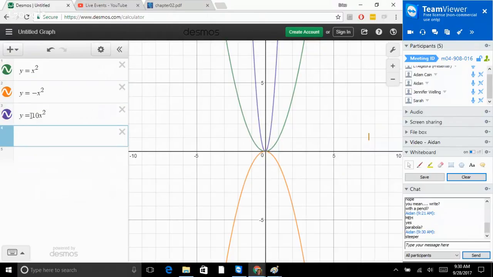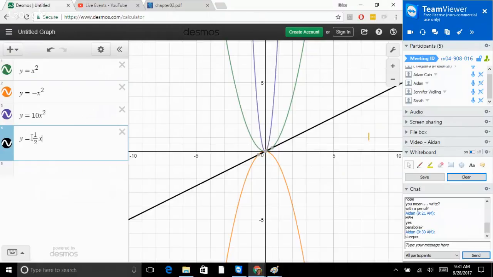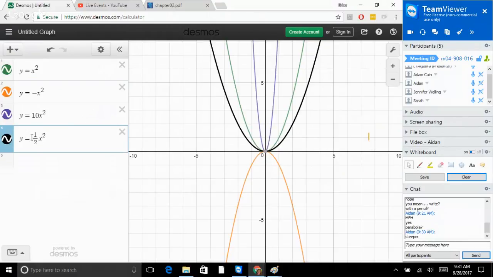So then shockingly, what happens if I would put a number that's less than 1 in front of here? So let's say, what if I did y equals 1/2 x squared? Anybody? 1/2 x squared is going to give us a parabola that opens up a little more slowly, right?